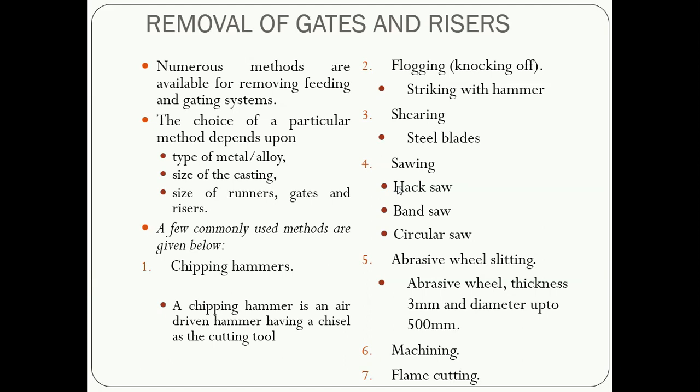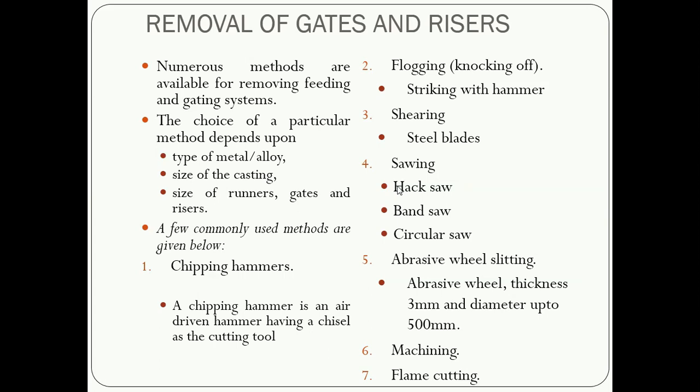Those blades have knife edges, and we direct them on the surface of the gate or at the bottom of the riser, so that there is a cutting action, that is called shearing. The next method is sawing. By using different types of saws, that is hacksaw, bandsaw, circular saw, in the industry we can cut the gates and risers.